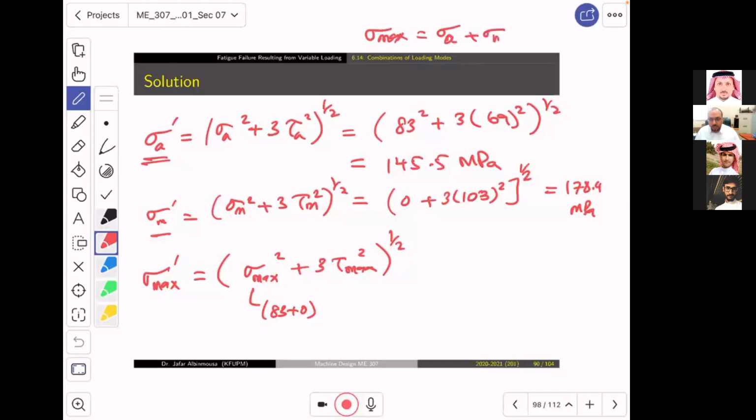Now, what about this? This one, I have tau amplitude of 69 and tau mean of 103. So if I plug them in and I square them, I will get a maximum stress of 309.2 megapascal. Now, what should I do?